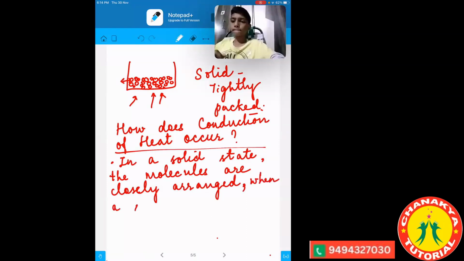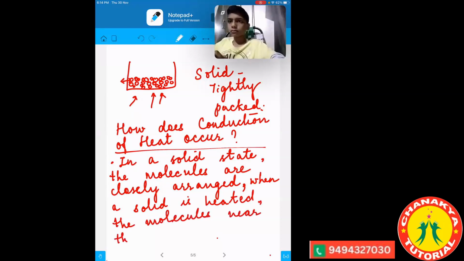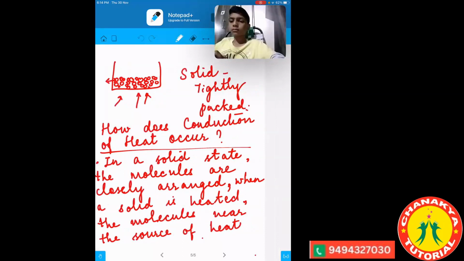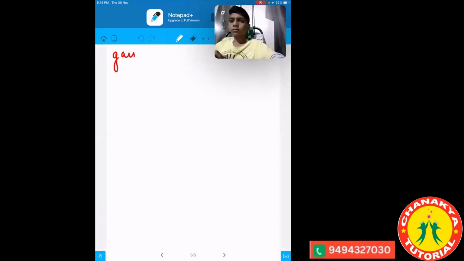Now, when we are heating a solid, then the molecules near the source of heat will gain thermal energy.